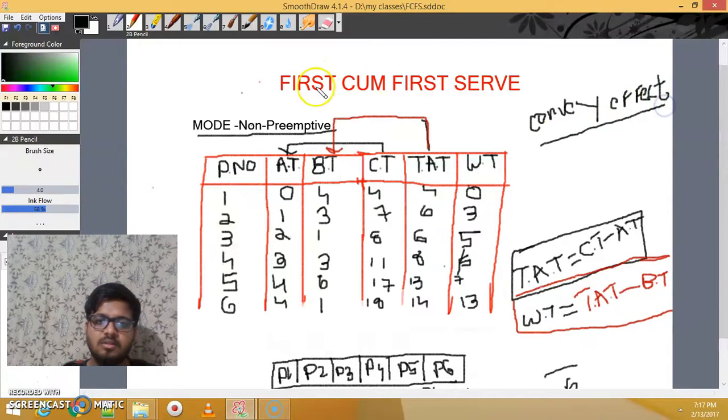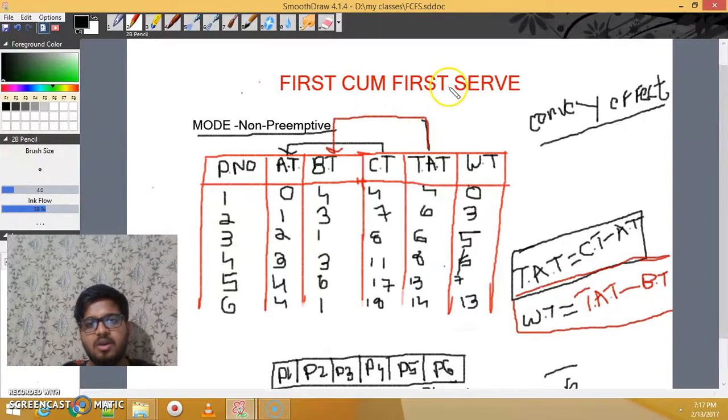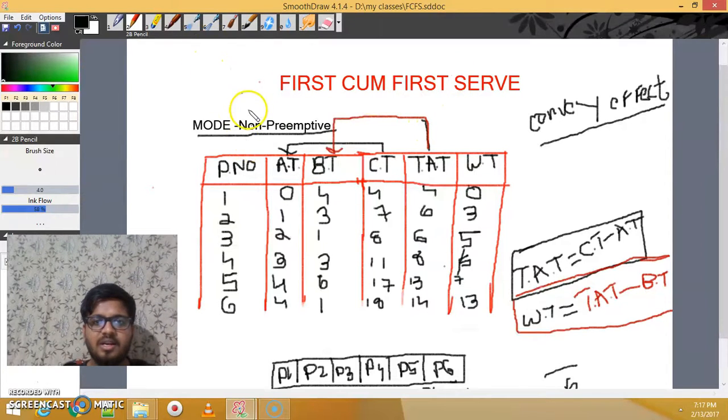First come first serve is affected by the convoy effect. So what is the convoy effect? The convoy effect is nothing but starvation. It means that if a process comes and requires a large burst time, and another process requires a small burst time and arrives after, for example, process P1 requires more than 30 units, and process P2 requires just a single unit.